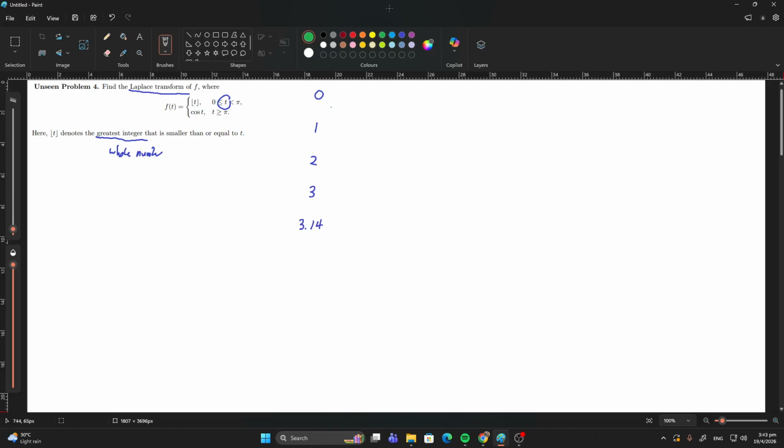Let's go ahead and write that my t equals 0 from here to here. So basically 0 less than or equal to t, my t equals 0. And then over here, for 1 less than or equal to t less than 2, my t equals 1. And then 2 less than or equal to t less than 3, it equals 2.